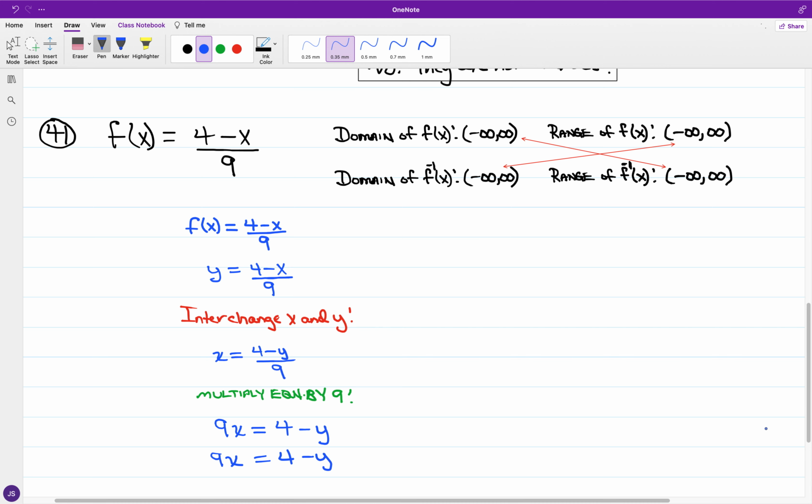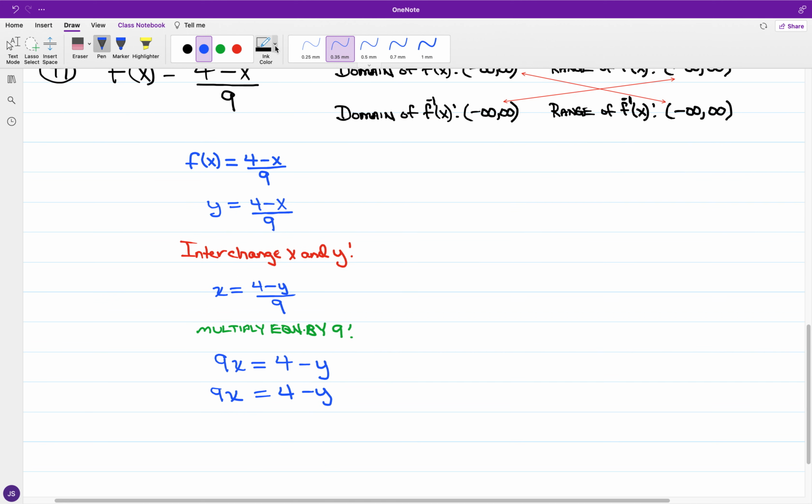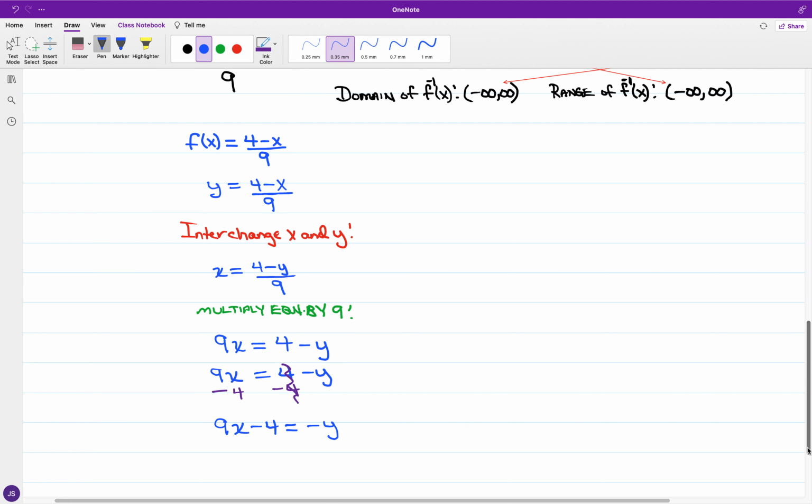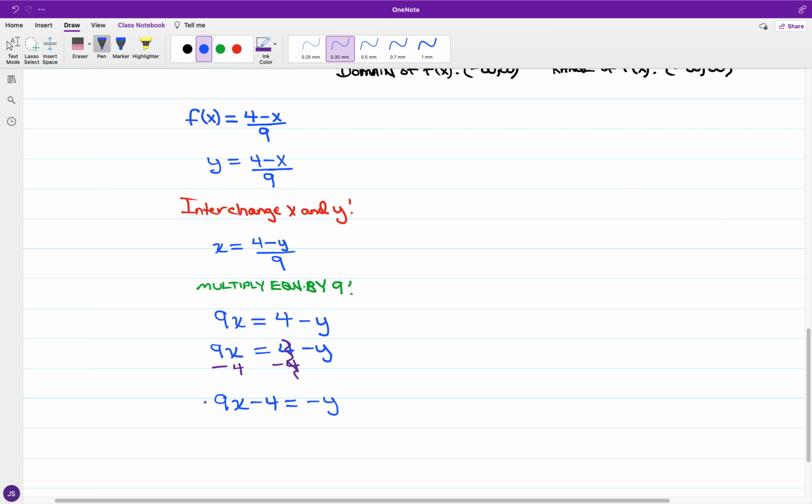And if I isolate the y term, upon taking 4 away from both sides, we're going to have 9x minus 4 equals negative y. Then, to write it in terms of positive y, I can just change the signs of everything, whether through multiplication or division by negative 1.